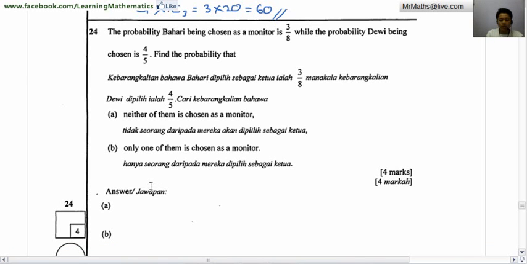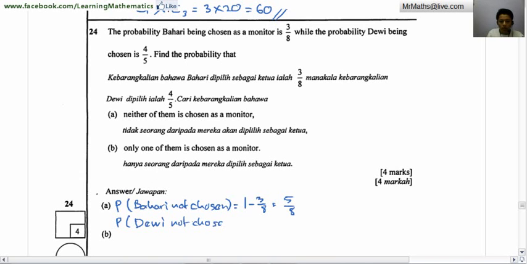So first of all, neither of them is chosen as monitor, which means that you need to find the probability that they are not being chosen. Probability that Bahari is not chosen is 1 minus 3/8, which is 5/8, and probability that Dewi is not chosen is 1 minus 4/5, which is 1/5.